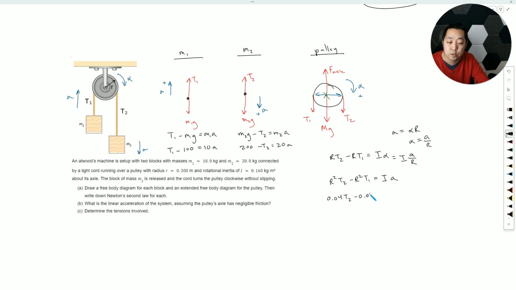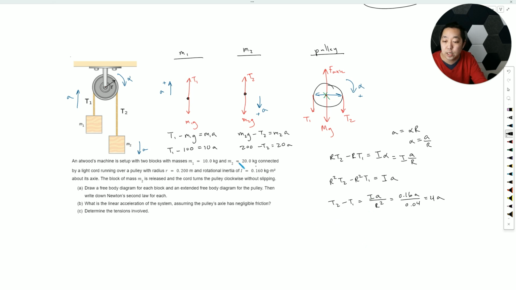Actually, let's divide the R squared to the other side, because it's probably easier to solve. So T2 minus T1 is equal to I A over R squared, which is 0.16 A over 0.04, or 0.2 squared, and that's equal to 4A.